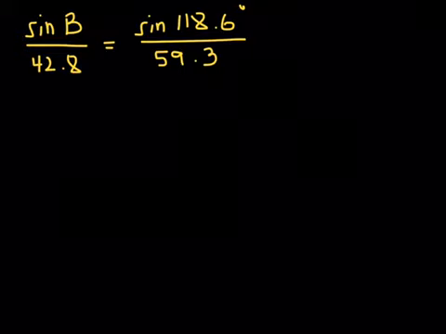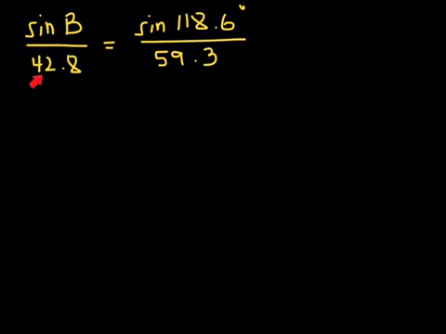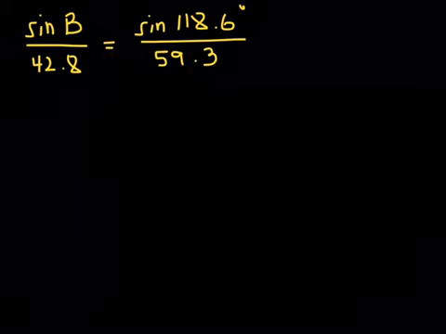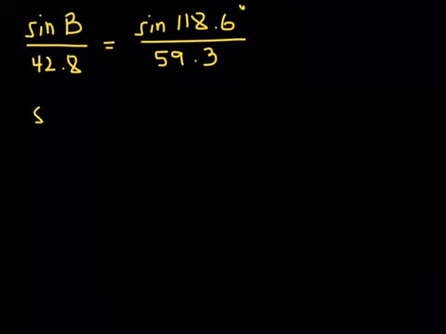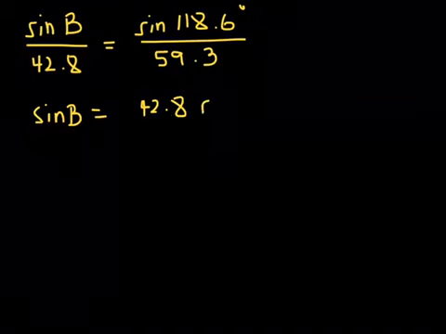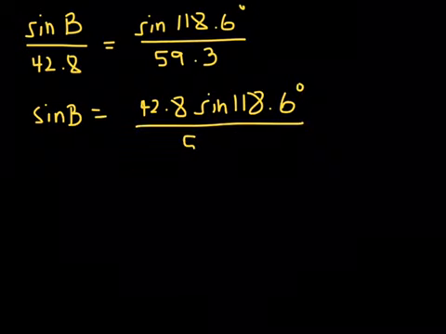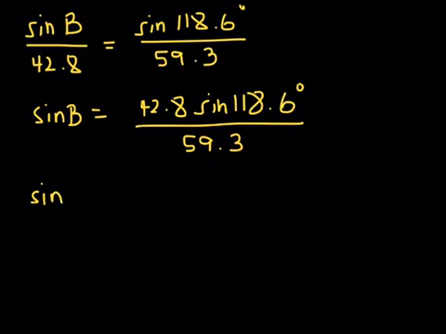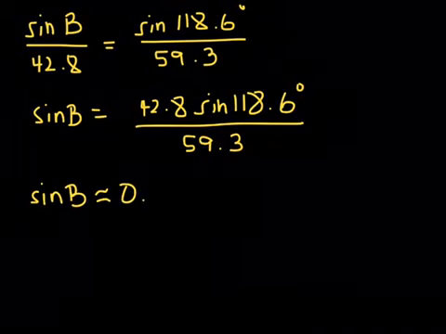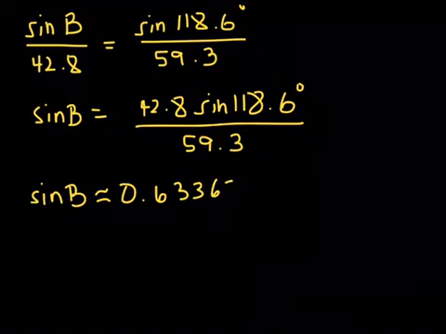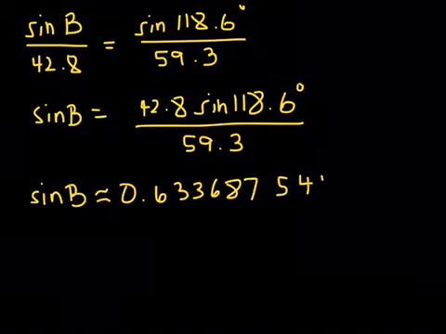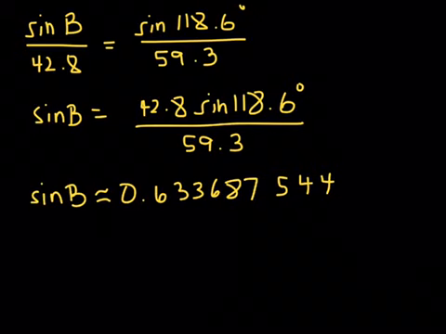Sine of angle B over side B is equal to sine of angle C over side C. So sine of angle B is equal to 42.8 times sine of 118.6 degrees over 59.3. I'm getting sine of angle B is about 0.633687544. Let's take inverse sine of both sides.